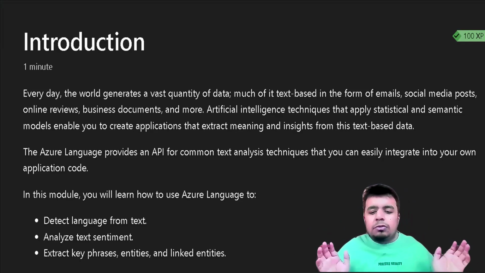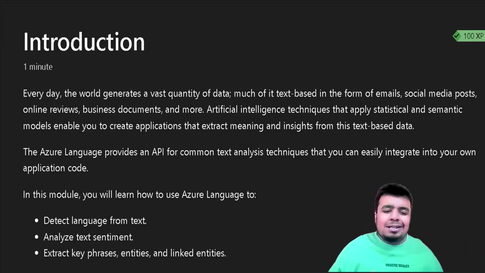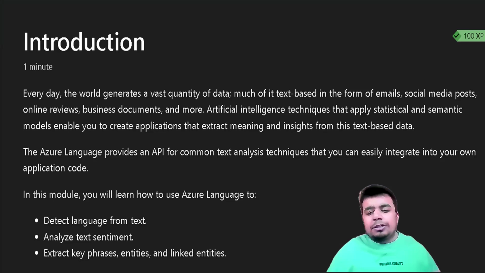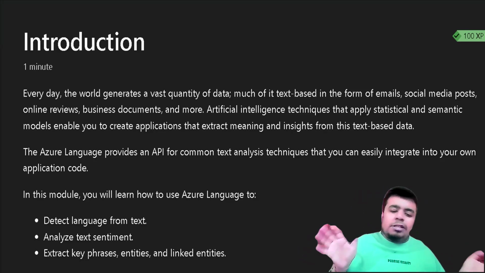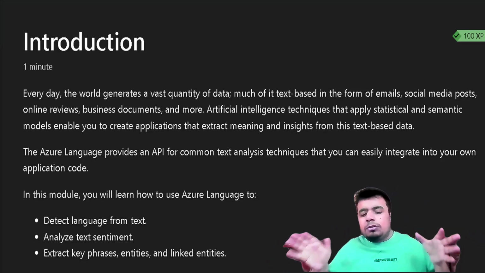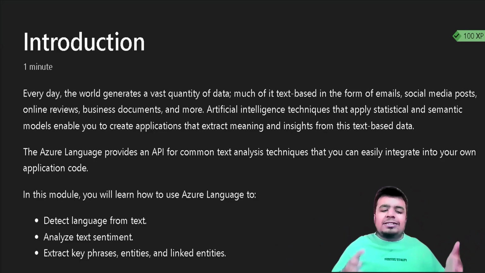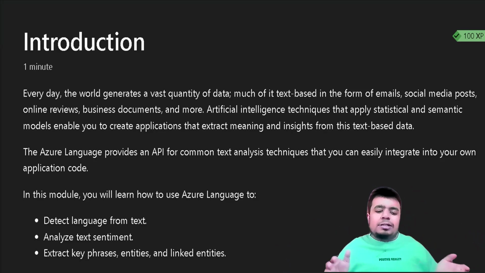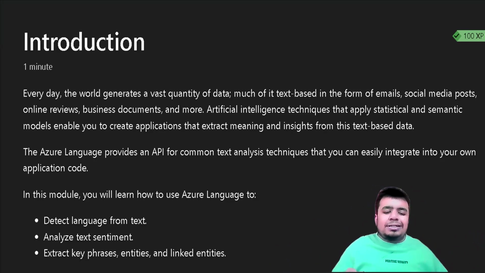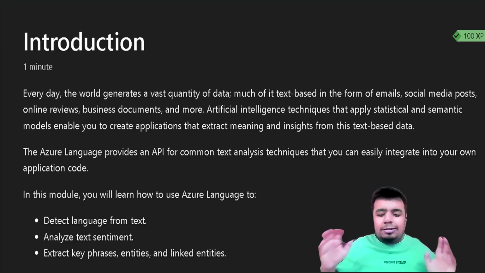Now, what we're going to do in this series is typically start by revising the first path. Then eventually we will move on to the next path: detecting language from the text, analyzing the text sentiment, and extracting the key phrases, entities and linked entities.